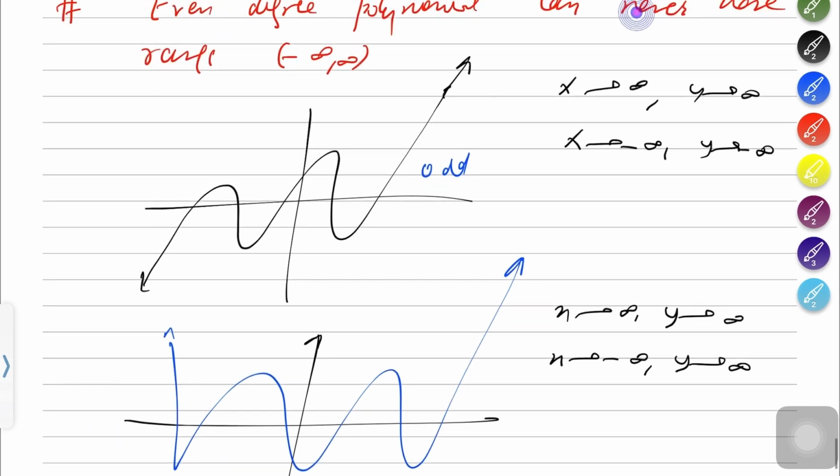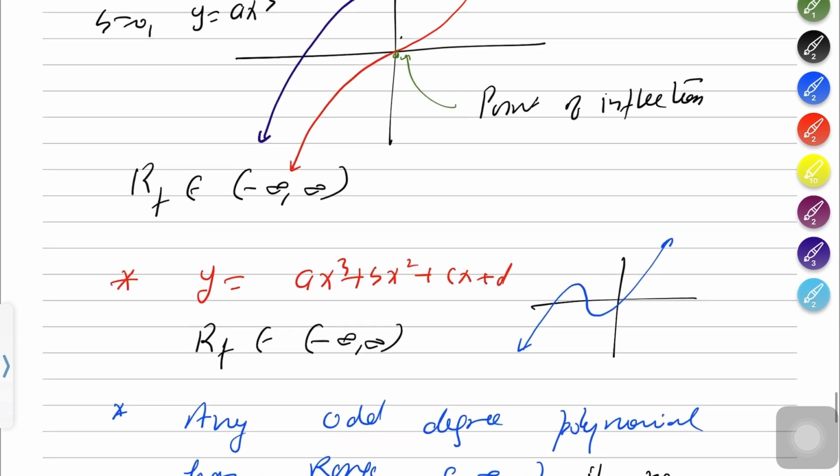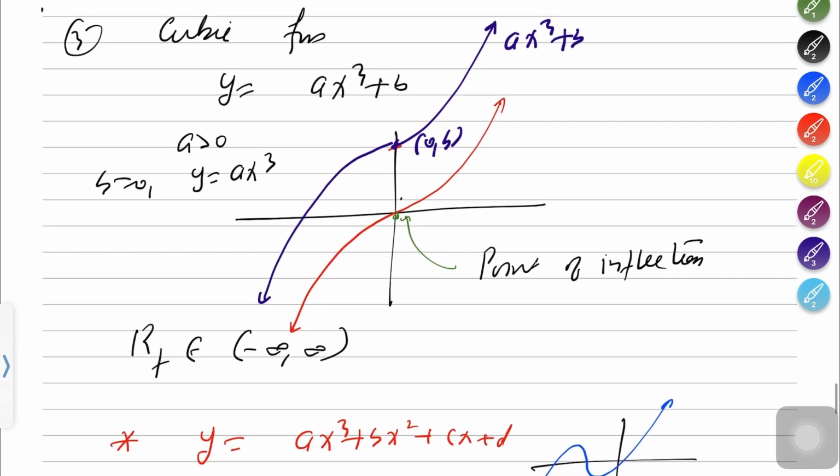So that's why in the case of an even degree polynomial, we can never have a range of minus infinity to plus infinity. Okay, so this is the polynomial. I have talked about the cubic function and extended it to odd degree and even degree polynomials.